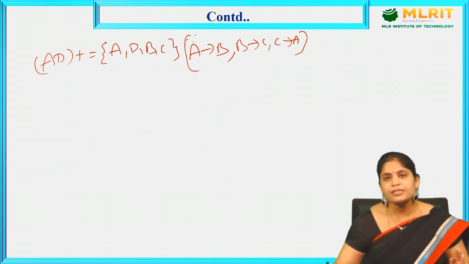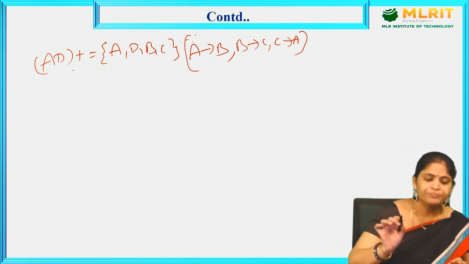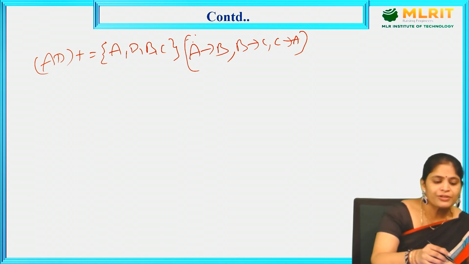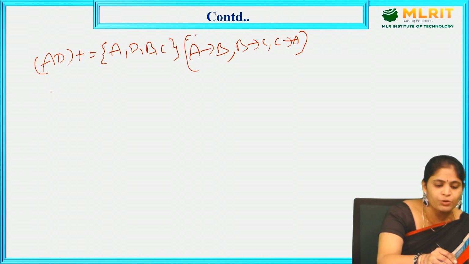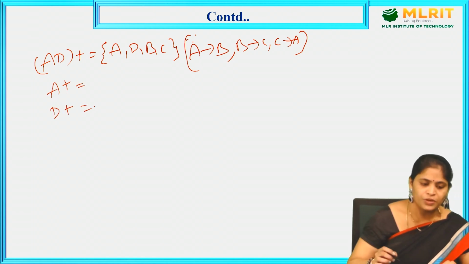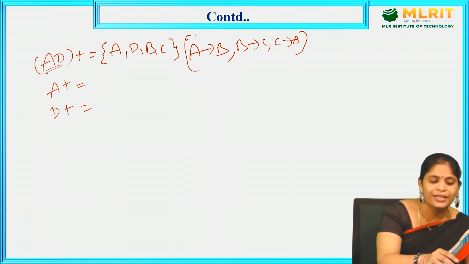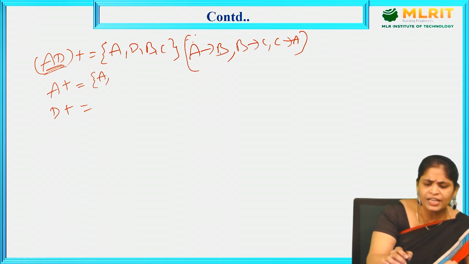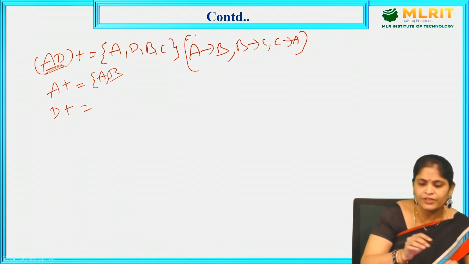Now, what is our step? We have found out the super key and now we have to find out the minimal superset. That is, A closure, D closure. Let us obtain this one. A closure means we have to include A. Whether A derives anything? Yes, A derives B. Whether B derives anything?